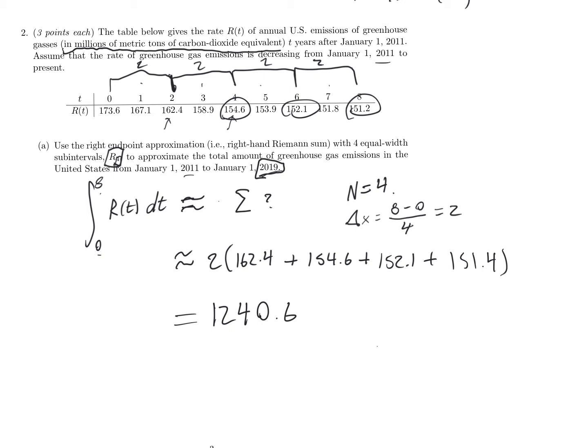And whenever we integrate with t as our variable, we're sort of multiplying that unit by years. The total amount of U.S. emissions will be given in million metric tons. That's kind of fun to say, million metric tons.